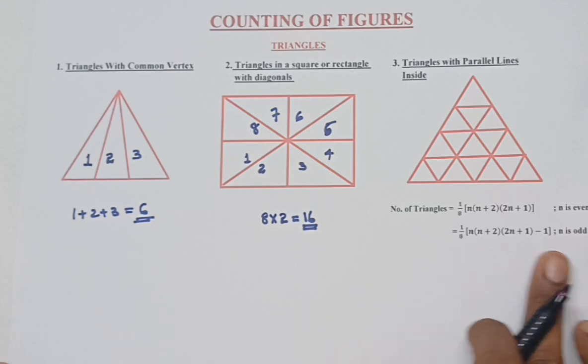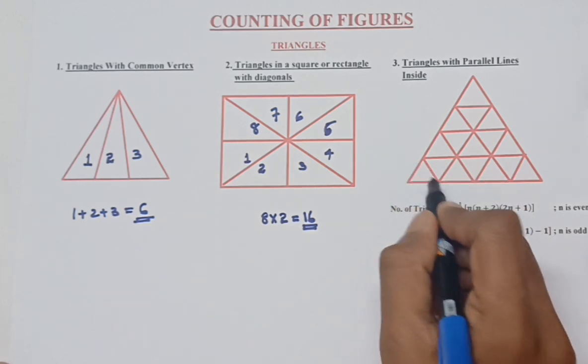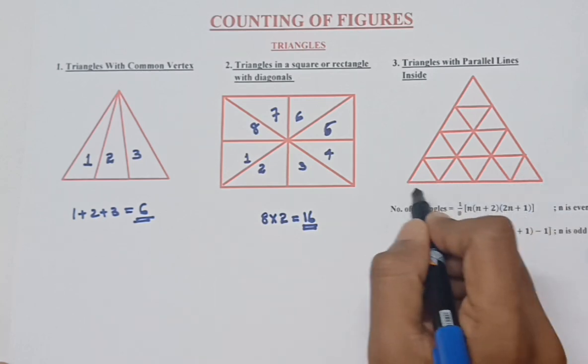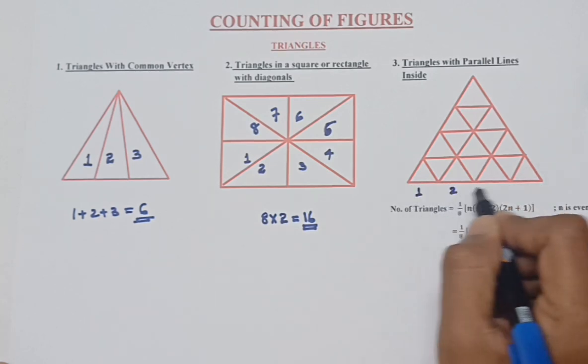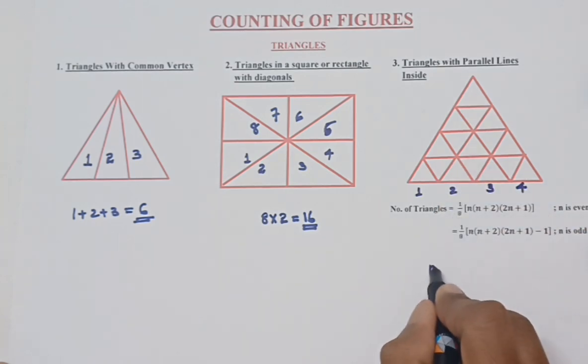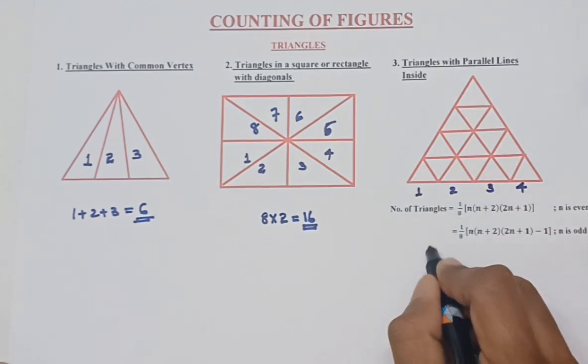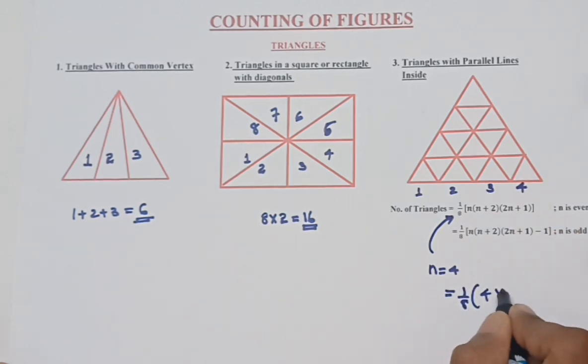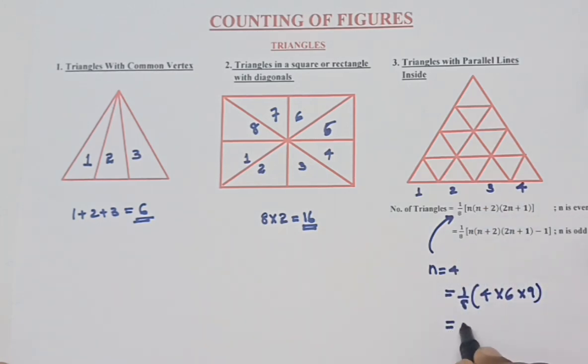And what is n? n is the total number of triangles sitting on the side or base. 1, 2, 3, 4. So in this case, n is equal to 4, and substituting in the equation for the even case, we get the answer as 1 by 8 into 4 into (4 plus 2), 6, into 9. So the answer will be 27.